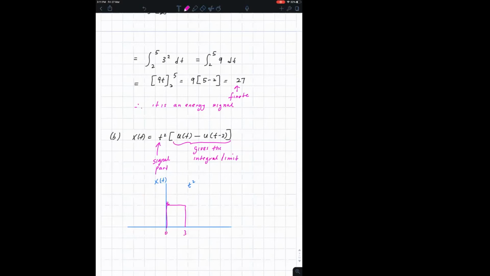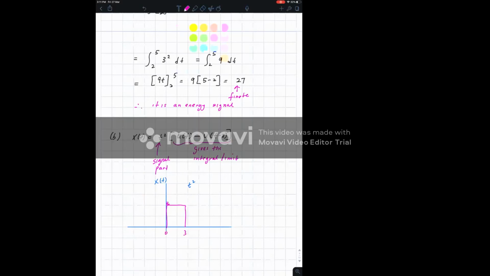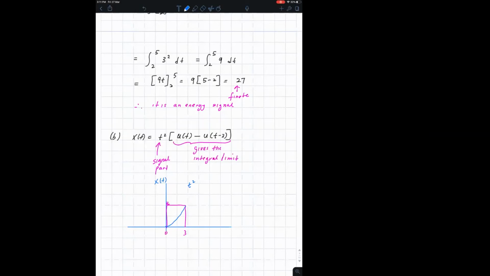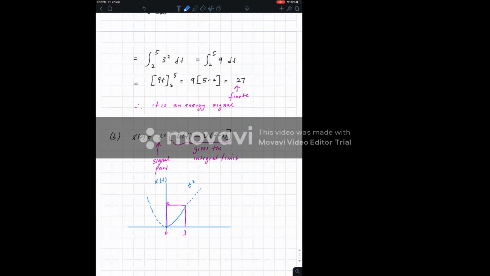You only integrate where the signal is on at 0 and turned off at 3. Technically, the integral goes from minus infinity to positive infinity, right? Do you guys follow? Yes, sir. All right.